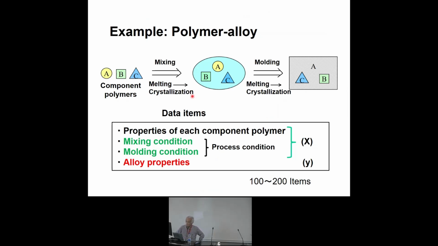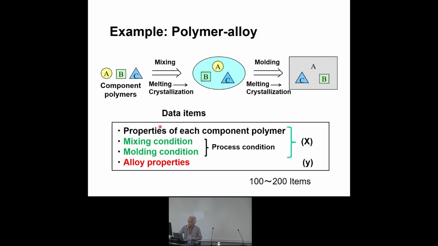So I will show one example, polymer alloy. This is a very simple and easily understood example. So probably you know very well, a polymer alloy is produced from component polymers, A, B, C, and so on. After that, the mixing and molding processes are required to produce the polymer alloy with the desired property.